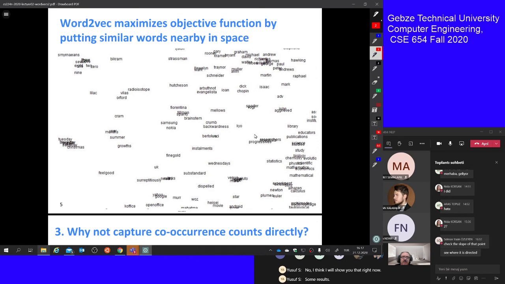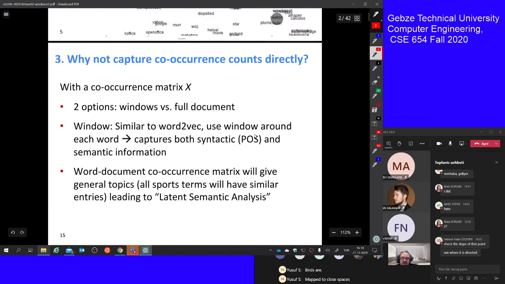Okay, so word2vec produces these kinds of results. Words close in meaning are mapped to close spaces on the two-dimensional map.